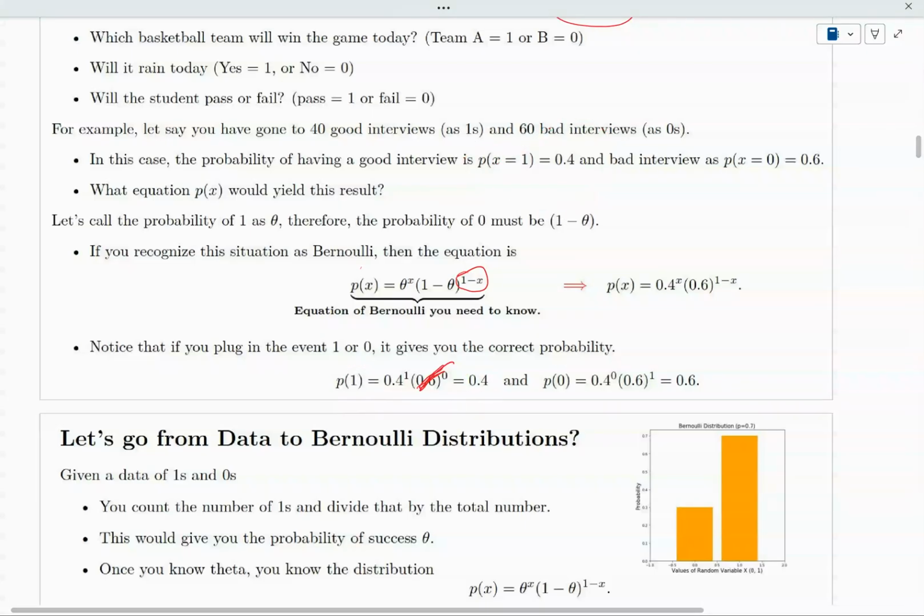Conversely, if you plug 0 in, this will be 0, and 1 minus 0 is going to be 1, implying it would be 0.6. So here is the probability of success, and here's the probability of failure. Basically, it splits into two categories; you kind of turn one on and turn the other one off. So this right here is the equation.